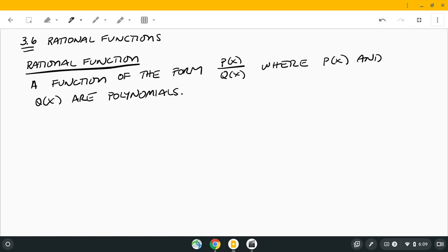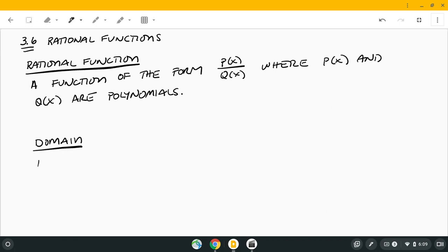And because we have this fraction, just like rational functions that you looked at in the past when you were asked to find the domain, it still holds here. We don't want 0 in the denominator. Okay.